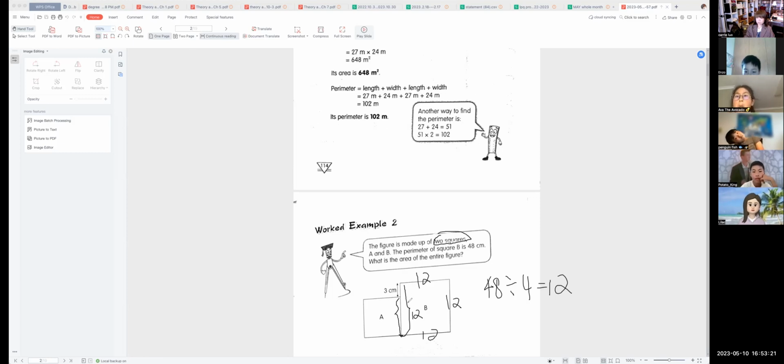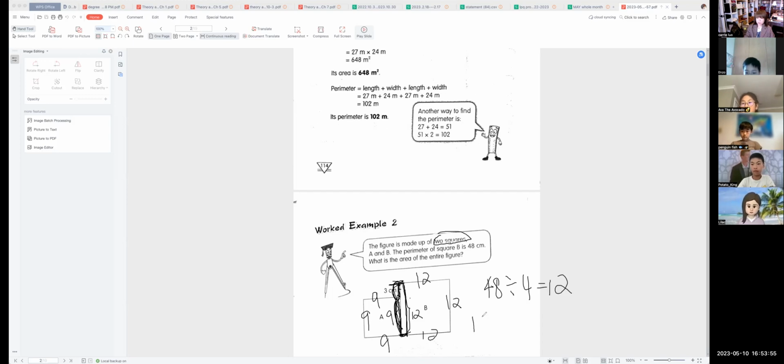Why 12 divided by 3? 看啊，从这里到这里是12，从这里到这里是3，那这里到这里是多少？You can see 从这条边到这条边是12，对不对？那这部分是3，那这部分是 9. Very good. 12 minus 3 equals 9. Good job. So because we know A is also a square, correct? That means each of the lines is also the same. So now let's see, what is the area of this entire figure?